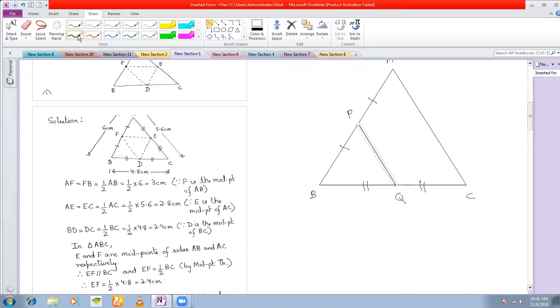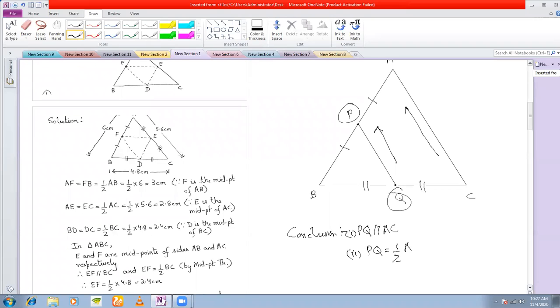Are all the conditions of the midpoint theorem satisfied? Yes, because triangle ABC is given, P is the midpoint, Q is the midpoint. So I can conclude that PQ must be parallel to AC. This is one conclusion. The second conclusion is that the length of PQ has to be half of AC.